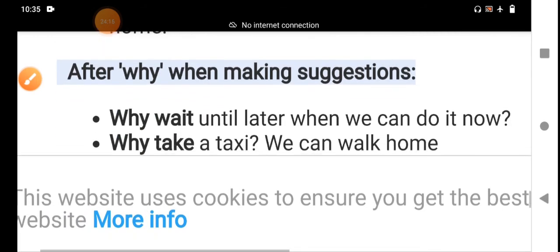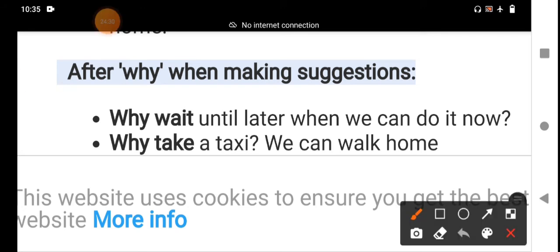And the last one, after why, when making suggestions. Why wait until later when we can do it now? Why wait? Why take a taxi? We can walk home. Why plus V1, bare infinitive. After why, when making a suggestion, it is a language function.